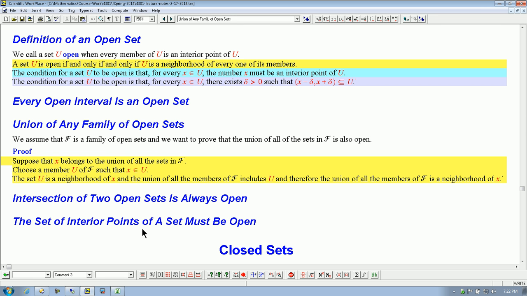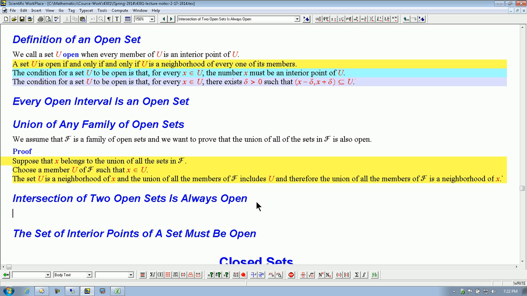You can even handle 3 or 4 or 5 or finitely many, but I'm just doing 2 for the moment. Let me tell you what we're assuming. We assume that U and V are open, and we want to prove that U intersection V is open.